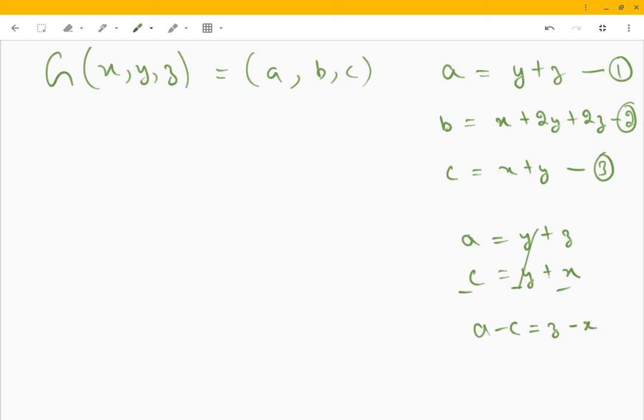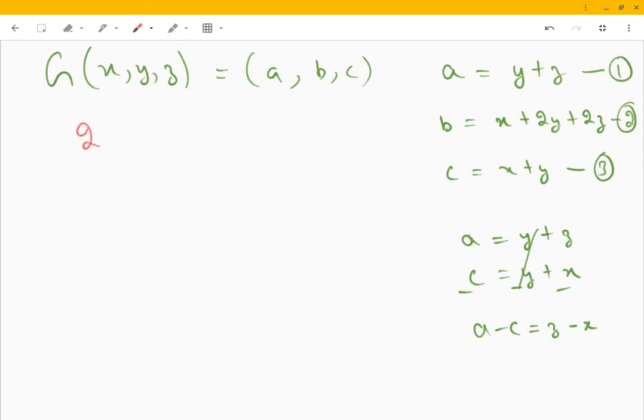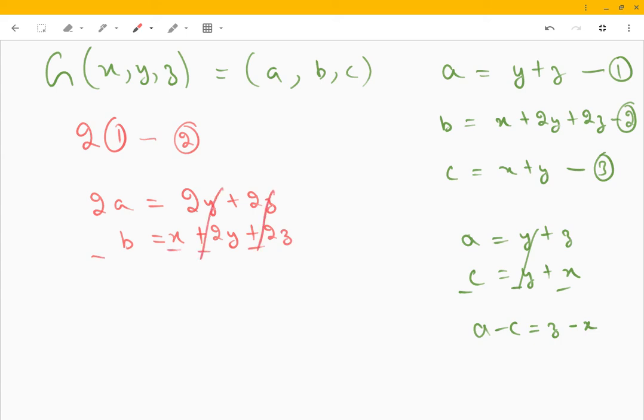A better thing is 2 times equation 1: 2a equals 2y plus 2z, and then I'll subtract the second equation from this. B is x plus 2y plus 2z, so the terms will cancel out. I'll get 2a minus b equals negative x, or x is b minus 2a.